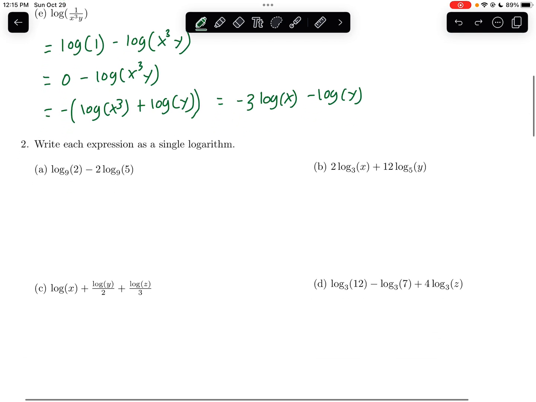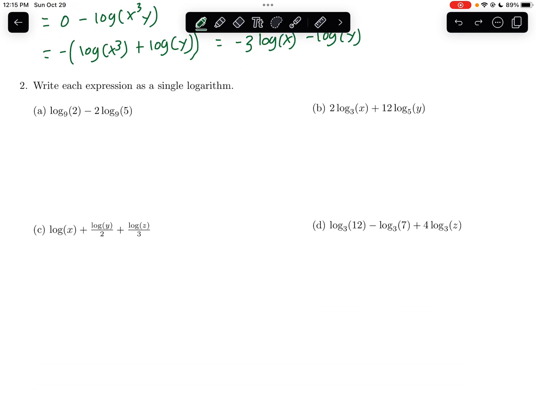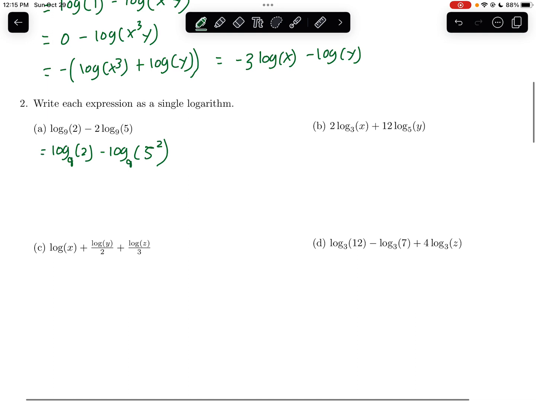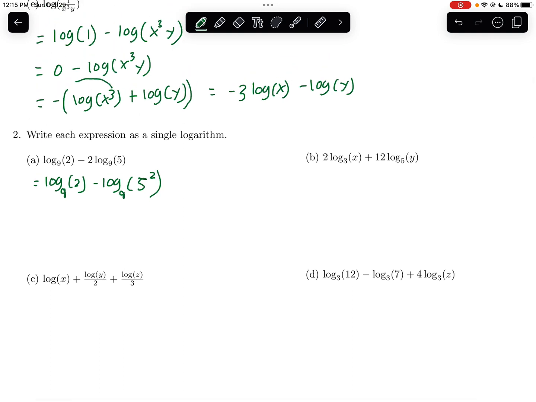Okay. Now we want to go the other way. We want to write an expression as one logarithm given multiple ones. So the first step, the only first step here, is to note that you can write this as log base 9 of 5 squared. So when for the last example, we put the power out in the front, we can go the other way. If you had a constant in the front, it can become the power. And so here that means that the 2 is the power of the 5.